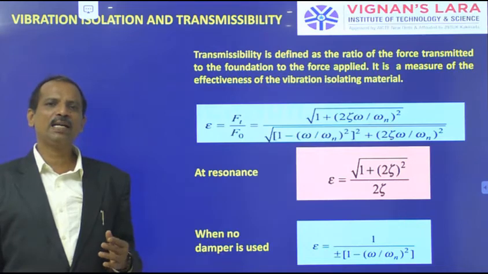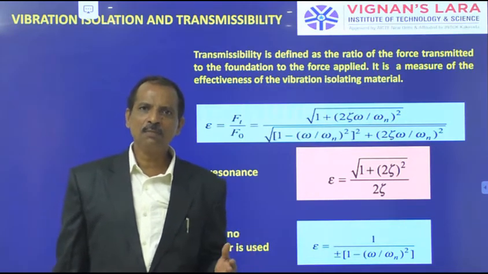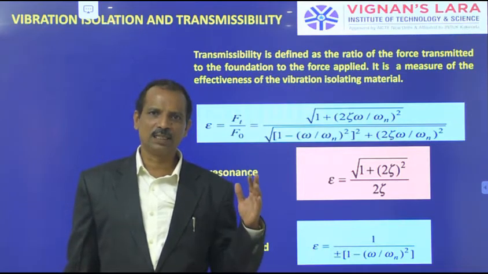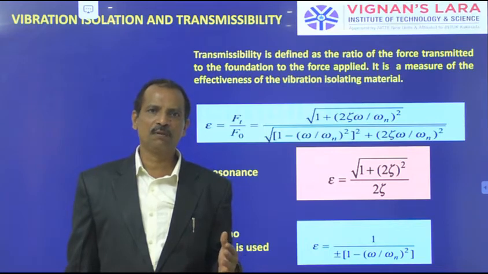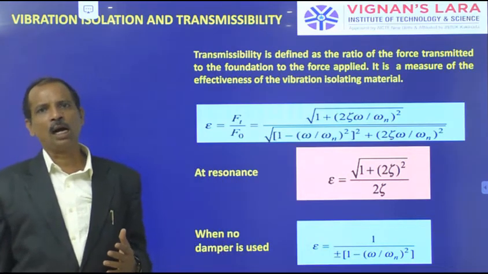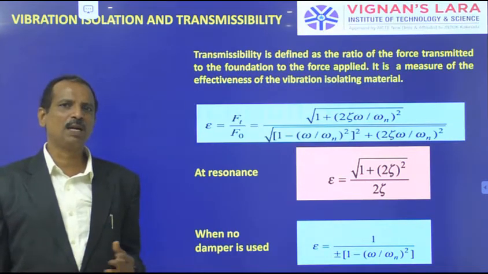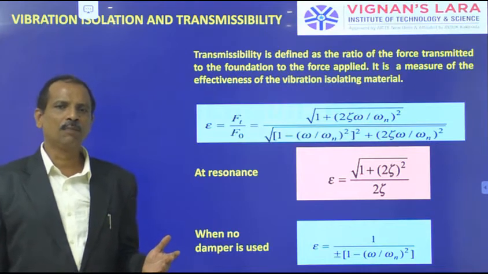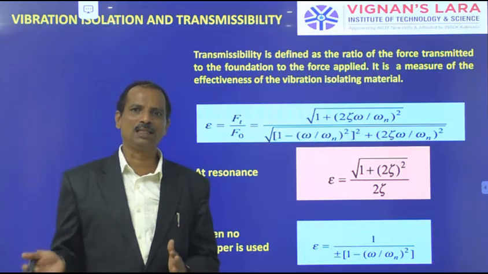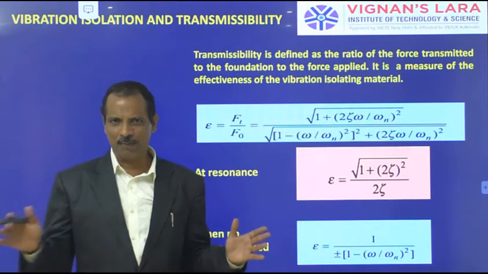We are not guaranteed that all these equipment will run at the same time, and we are not sure that all the equipment will run at the same speed, because one equipment requires one speed to operate and another equipment runs at another speed. And all the equipment do not have the same mass and they don't have the same elastic nature, isn't it? But we cannot separate one machine from the other. So we have to keep all these machines in the same room.